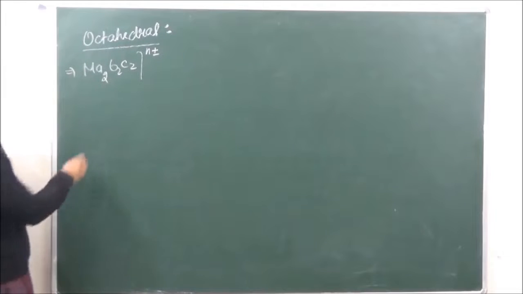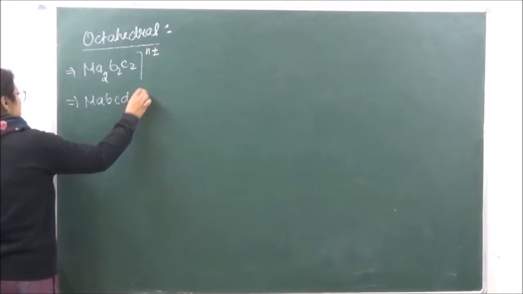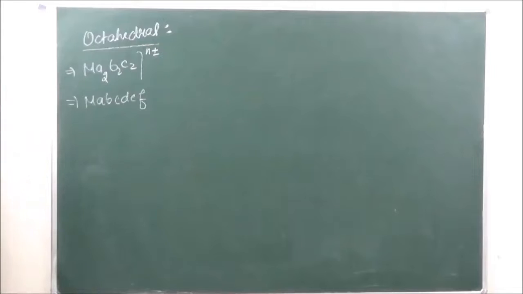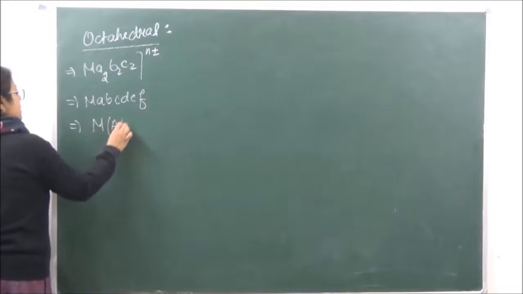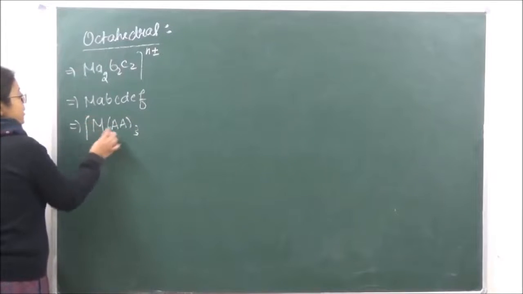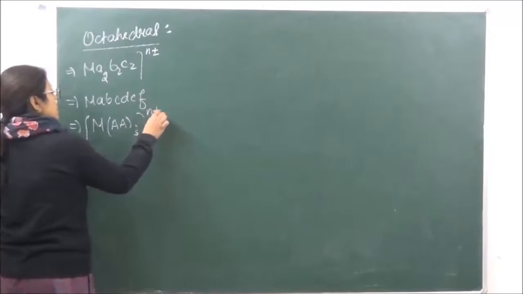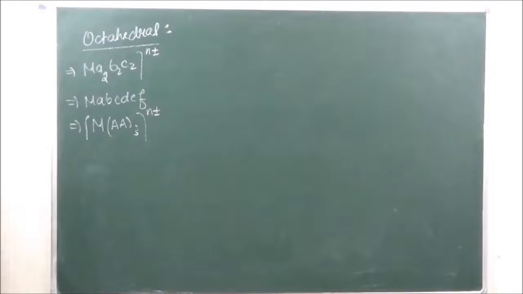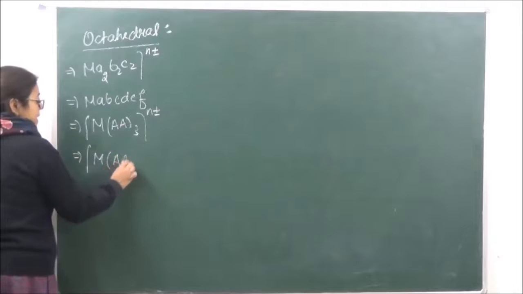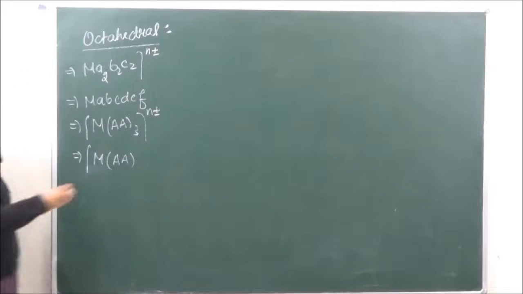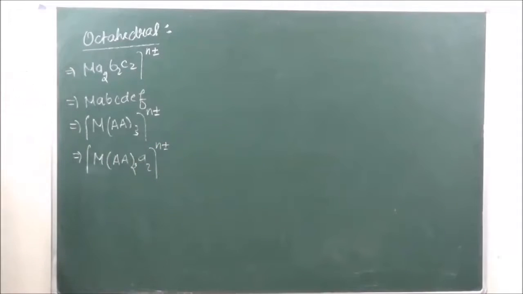The second type of compounds which we have is Mabcdef. The third type is M(AA)3, where AA is going to be the bidentate ligand. Then the next one we have is one bidentate ligand, and the other ones are going to be the normal ligand.